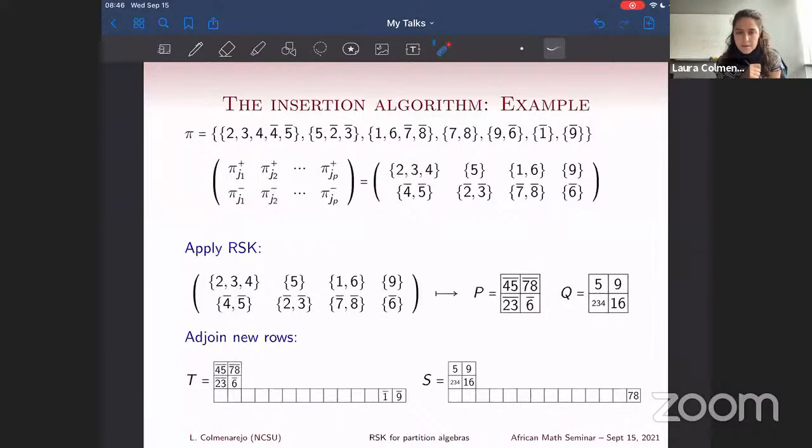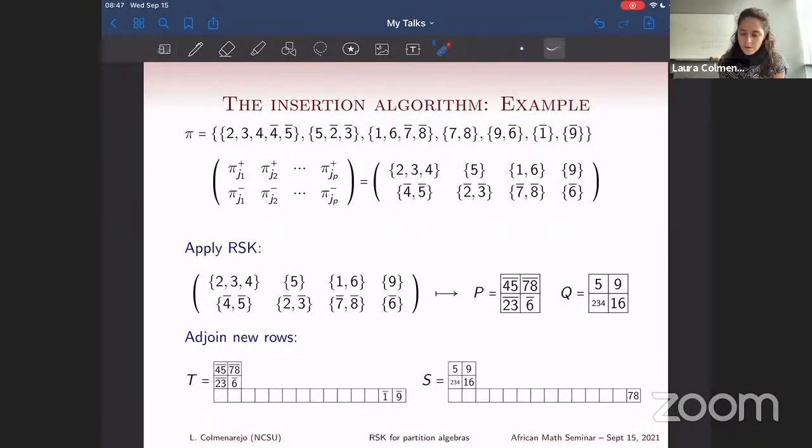I took a slightly different set partition than the one that I had at the beginning. I wanted something larger. So I look at the propagating blocks. I have 2, 3, 4 and 4 bar, 5 bar. So that is giving me this column here. I have the 2, 3, 4 on top and the 4, 5 at the bottom. If I look at the 1, 6, 7, 8, I have this other one, and so on.